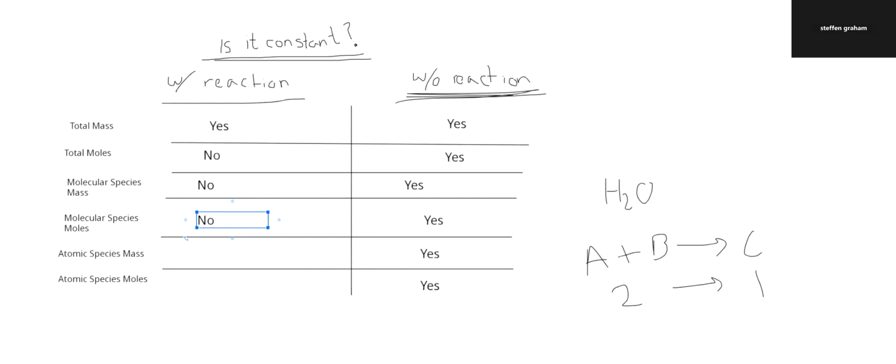But your atomic species will remain constant. That is a nice feature if you're doing a mass balance: you can stick with your atomic species, because your hydrogen atoms in will equal your hydrogen atoms out. So that is kind of nice.